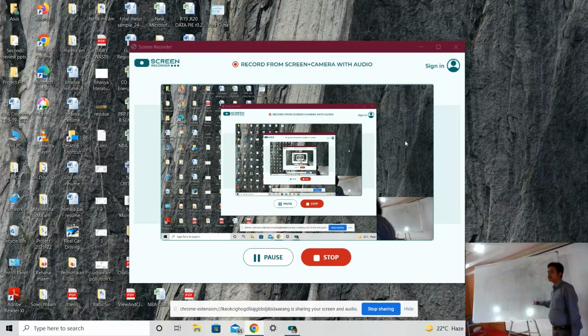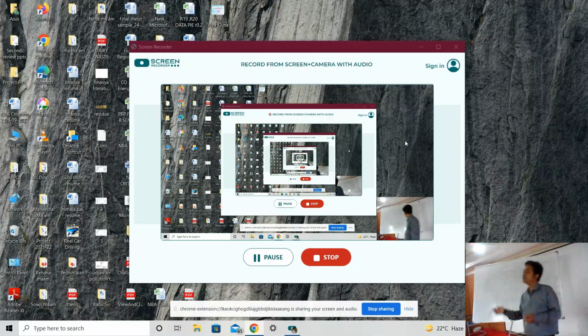Any more examples for heterogeneous? A lot of examples. Ammonia synthesis, nitric acid synthesis, sulfuric acid synthesis, all are heterogeneous only.